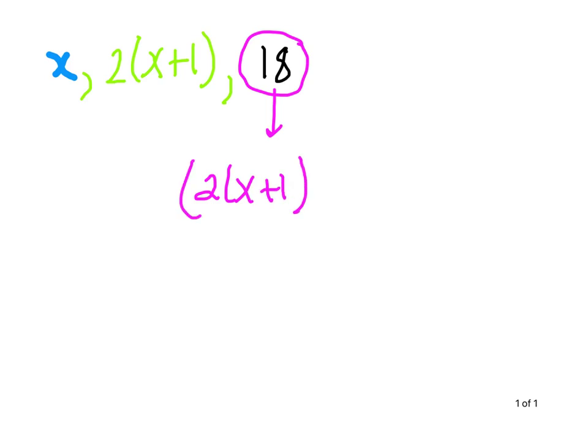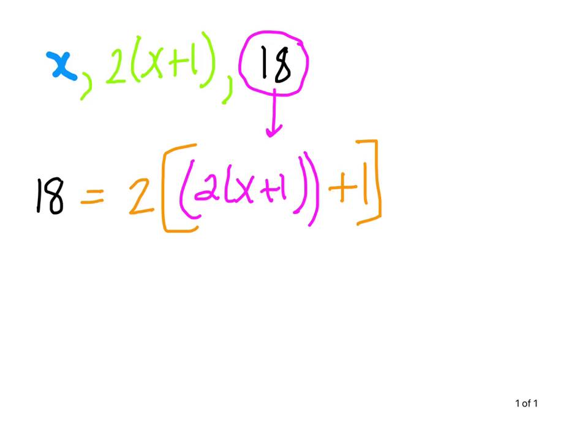So we have the second term, we add 1, I'm going to switch colors so you can see these are part of the third term, and then we're going to double that and set it equal to 18.